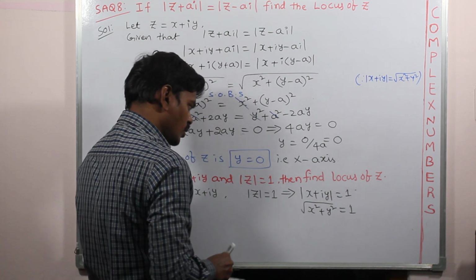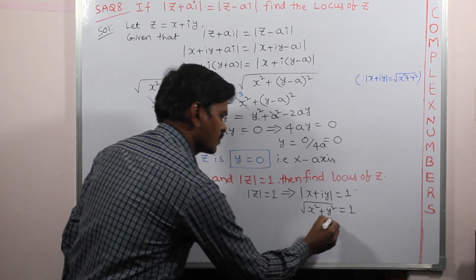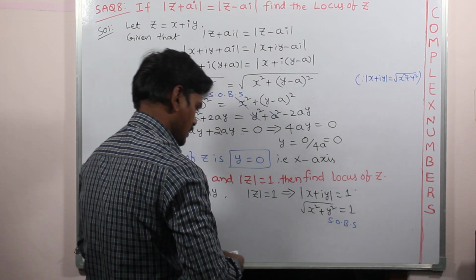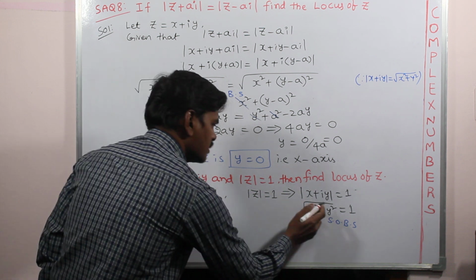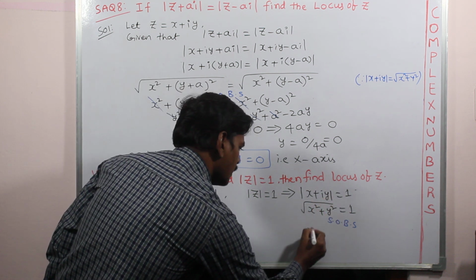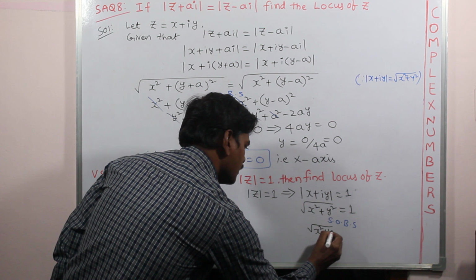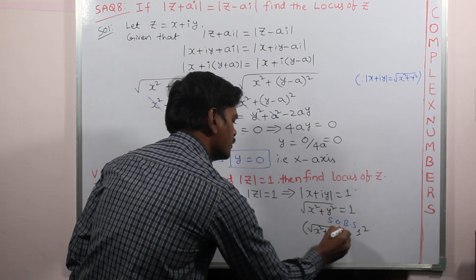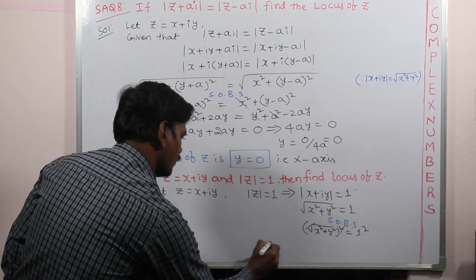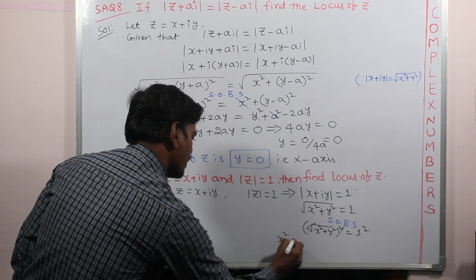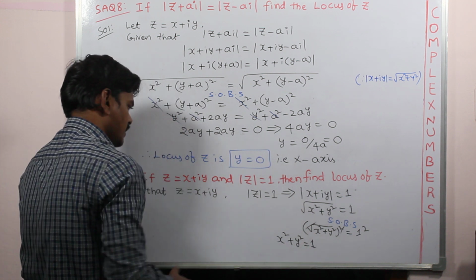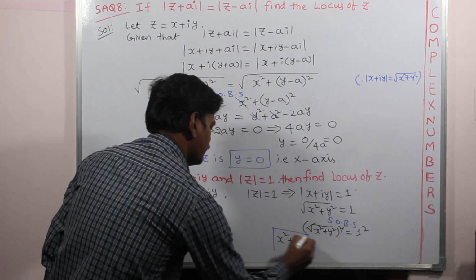Now, to remove the square root, we go for squaring on both sides. Because of squaring, the square root gets cancelled, or otherwise we can write whole square equals 1 squared. What we are left with is x squared + y squared = 1. So this is the locus of z.